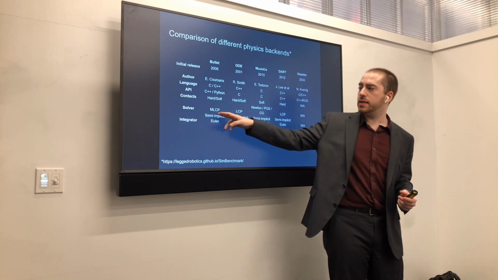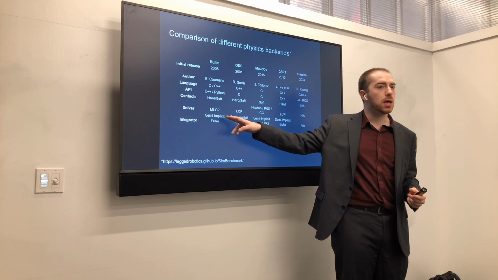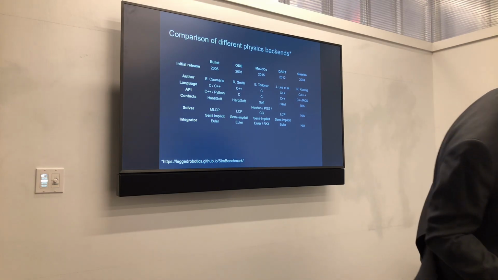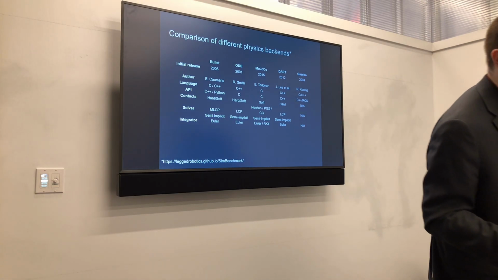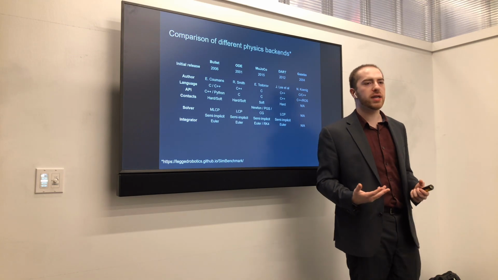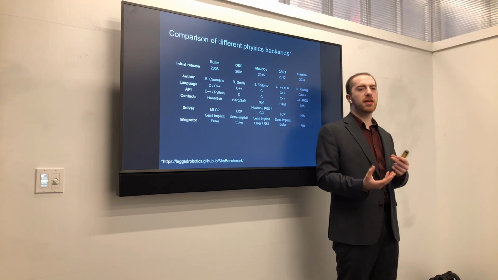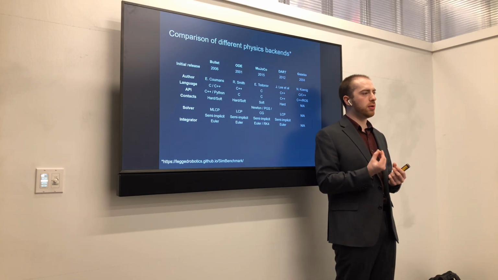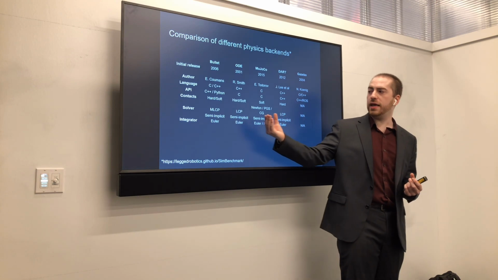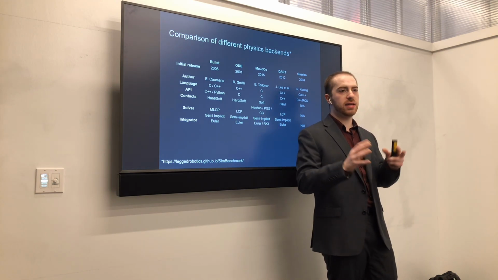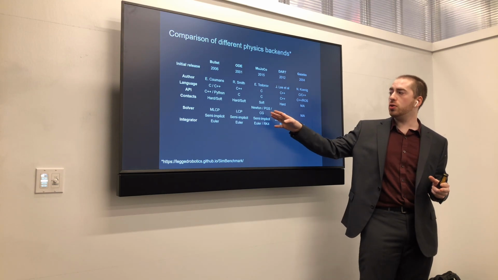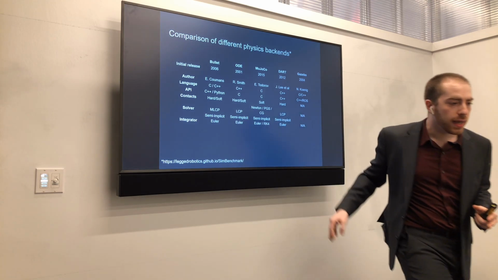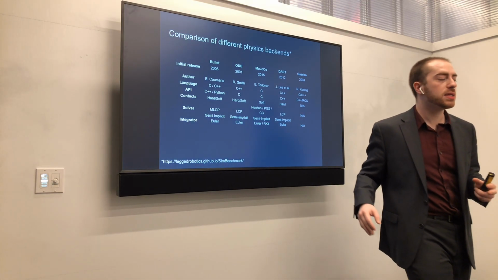The solver is a mixed linear complementarity problem, solving linear equations to determine whether or not the objects are touching, and if they're going to collide with each other, if they're going to actually overlap, making sure that the positions are maintained given their current velocities. Mujoco is kind of the weird one here because it's actually using a Newtonian model, a center of gravity model, and a projected Gauss-Seidel.